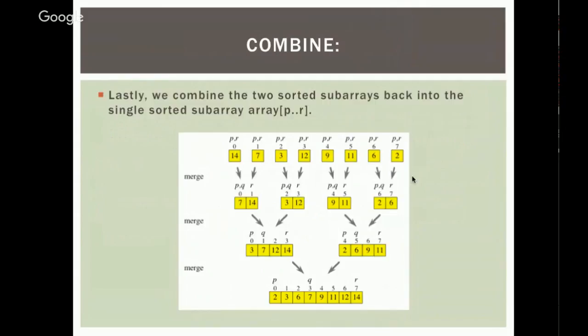You can see 14 and 7, the first 2 elements, are sorted and combined when they're merged. Then at the next level they're combined again, and we go all the way to the 8 elements. And that is how merge sort works.